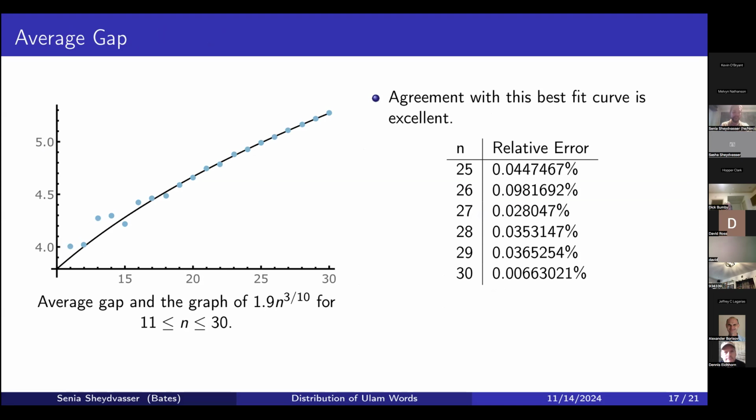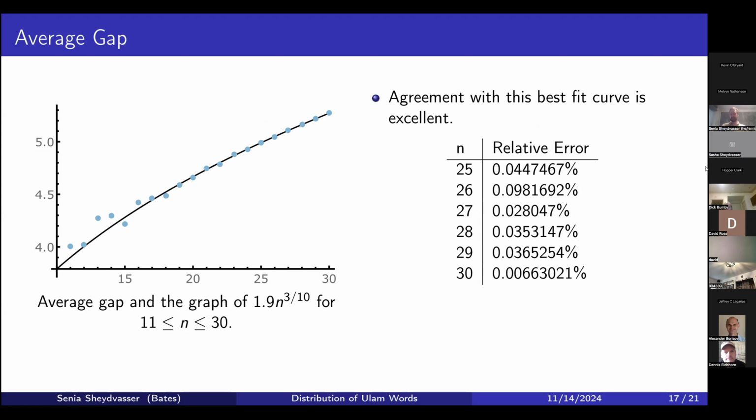We saw that there's just this excellent agreement. On the left here, I've plotted the average gaps for n between 11 and 30. And I also have this best fit curve, 1.9 times n to the 3/10. And the agreement between this mean gap and this best fit curve is really good, right?